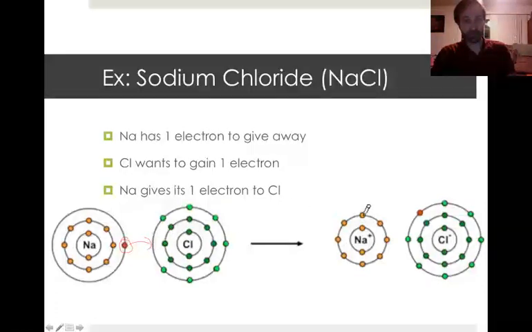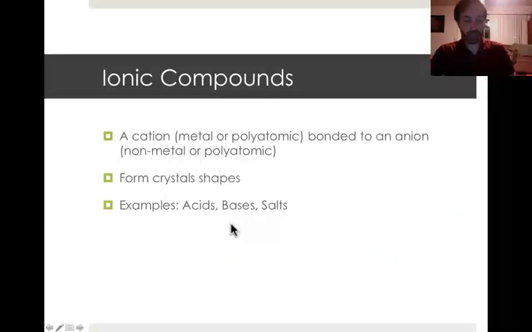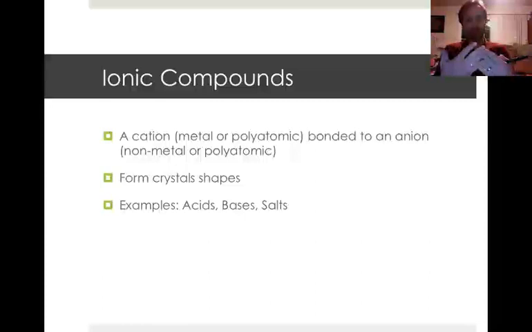When that happens, sodium now has its octet in the second energy level, chlorine now has its octet in the third energy level. They're both happy, they're both more stable, but sodium now has a charge of +1, chlorine now has a charge of -1, and electrostatic force, or opposite charges being attracted, will stick them together, hence forming an ionic bond. So once you have something like that, where a cation and an anion are stuck together, that is what we call an ionic compound.